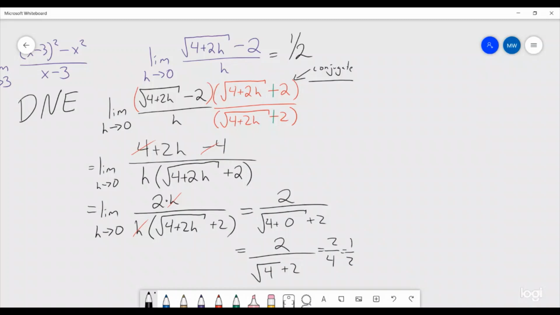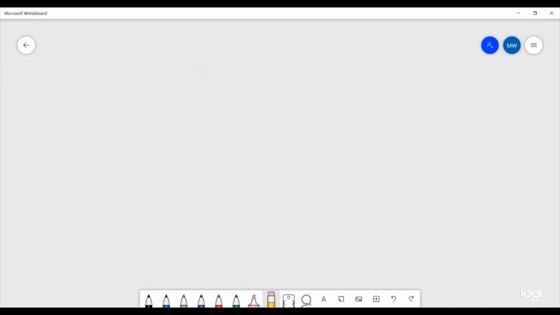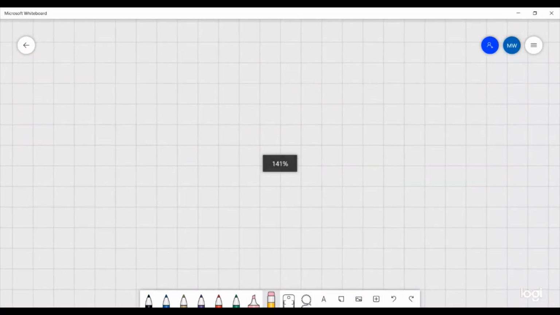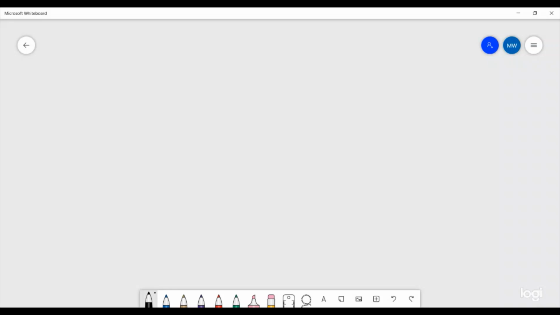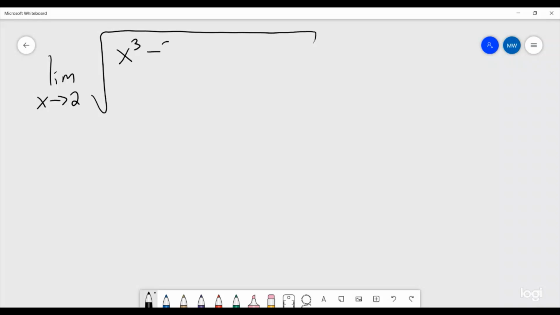Let's do another one. And this one we're going to want to be doing with limit laws. So let's say we are asked to find the limit as x goes to 2 of the square root of x cubed minus 2x squared plus x minus 2 all over x squared plus 3x minus 10.